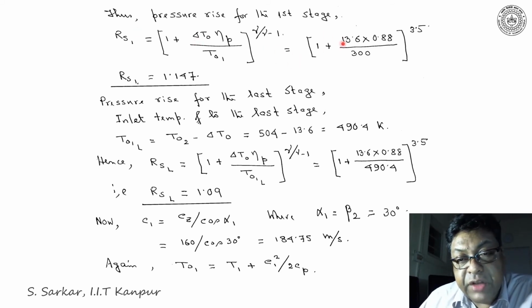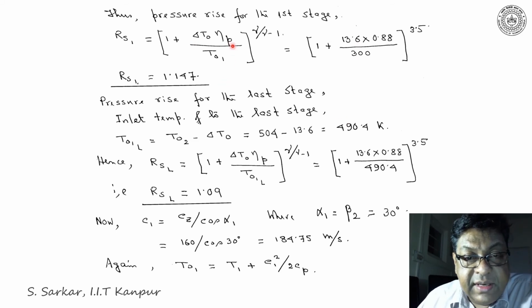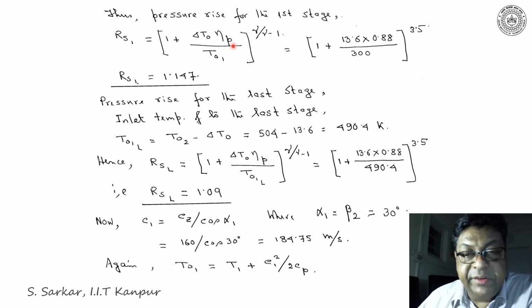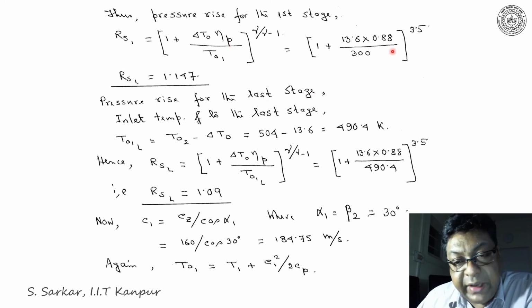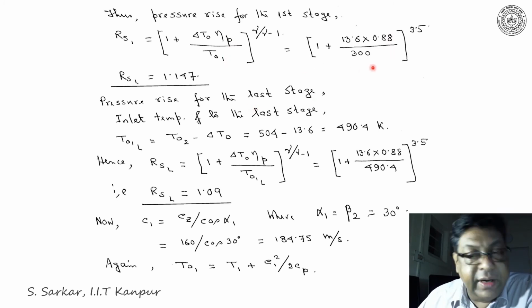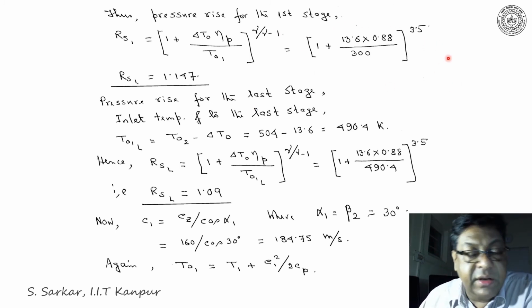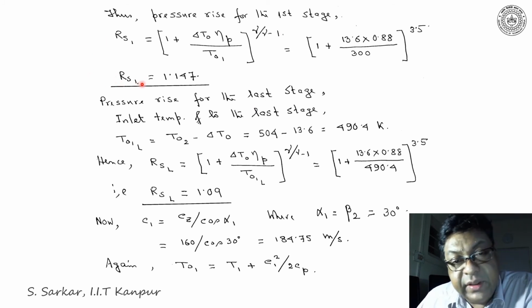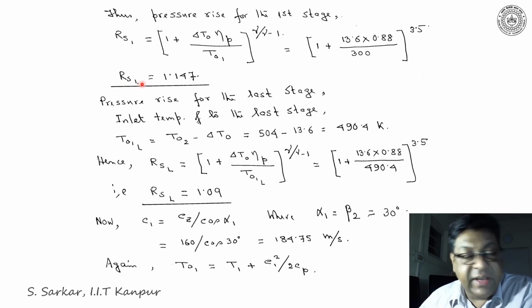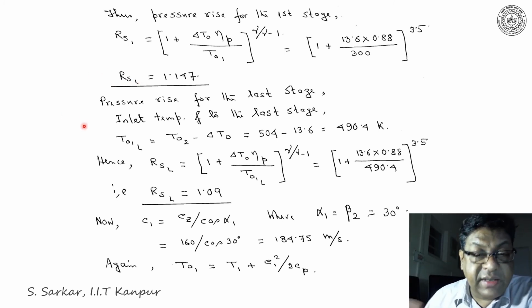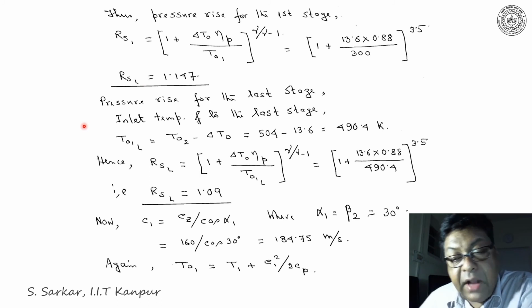Now del T0 is equal to 13.6. Eta P is the polytropic efficiency or small stage efficiency. Here it is given as 0.88. T01 as 300. And gamma by gamma minus 1 would be 3.5. Thus, if you do the calculation, you will get RS1, that is pressure ratio for the first stage, is equal to 1.147.